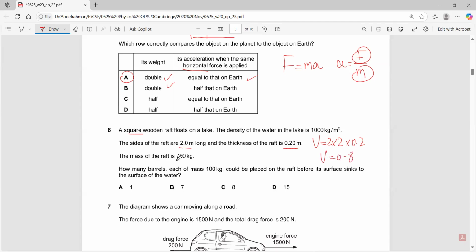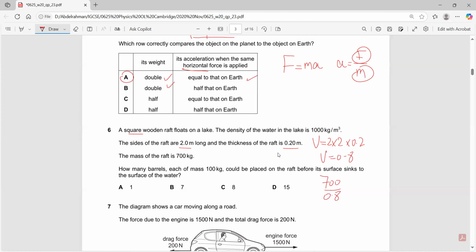Now, the mass of the raft is already 700 kilograms, isn't it? Yes, 700 kilograms. So mass over volume is 700 over 0.8. It's still floating, isn't it? Yes, 700 divided by 0.8 is 875, right? So it's still floating. The density of the water is 1,000.